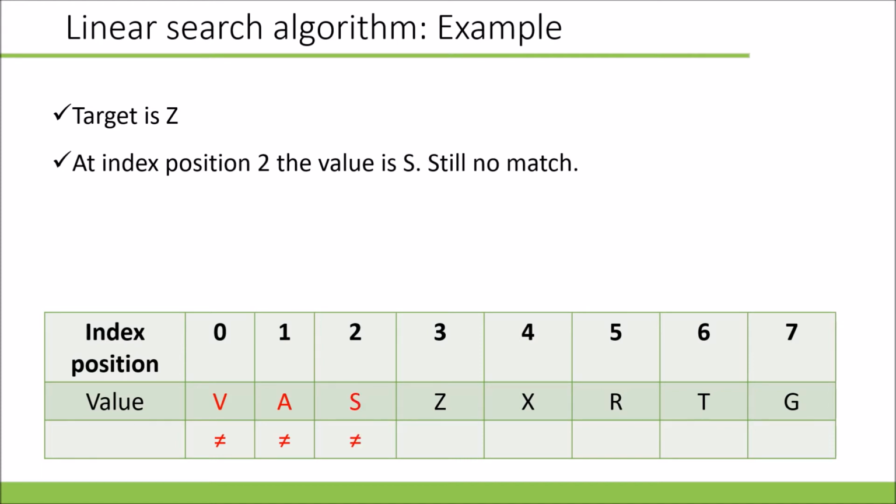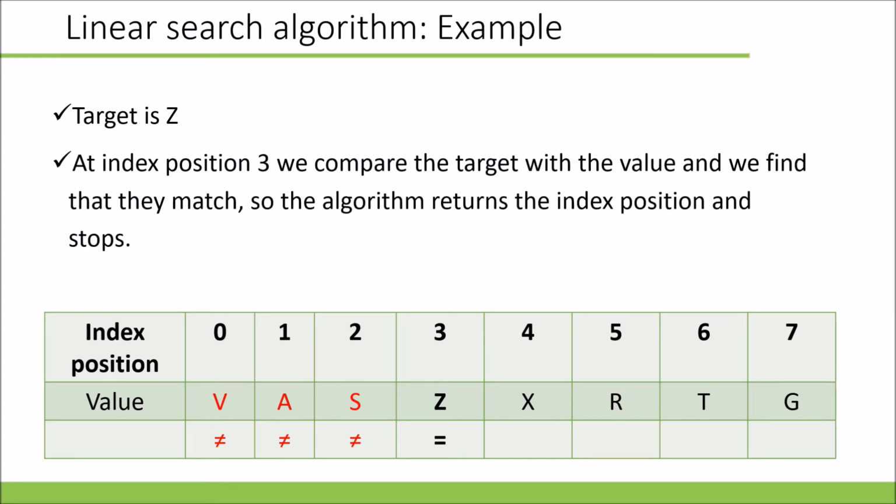Again, we still haven't found Z, because we compare it with S and they're different. But we get to index position 3 and we compare our value with our target and they're the same, so our program returns the index position and then stops.